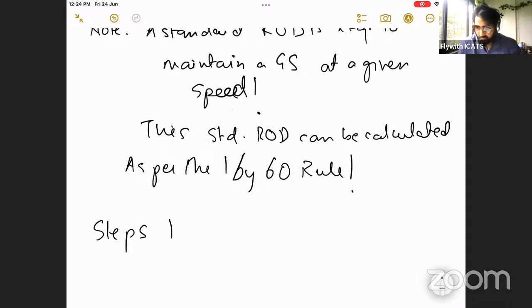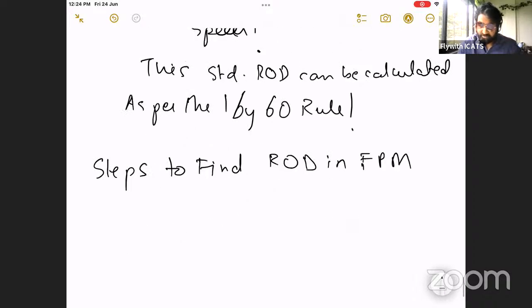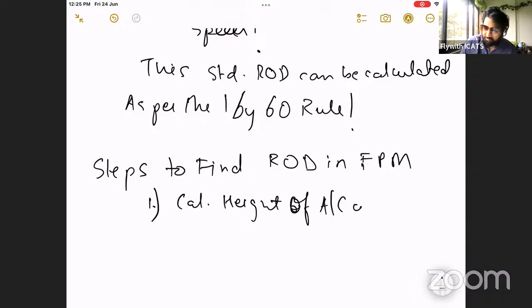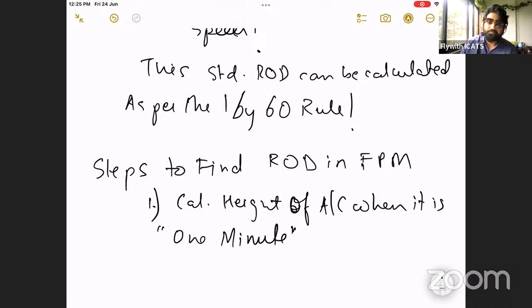Steps to find ROD in feet per minute. What are the steps? Step 1, calculate the height of aircraft when it is, in inverted commas, 1 minute from runway or touchdown, same meaning.